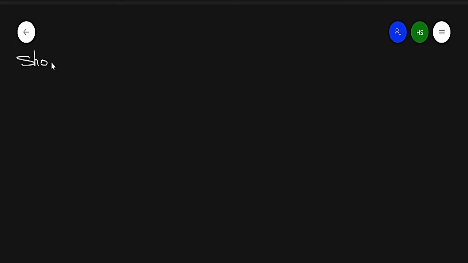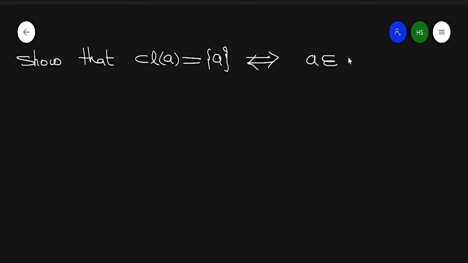First, show that the class of A consists of only one element, which is A, if and only if this A belongs to the center of G. So first remember this result. Now the solution. This is the first part.